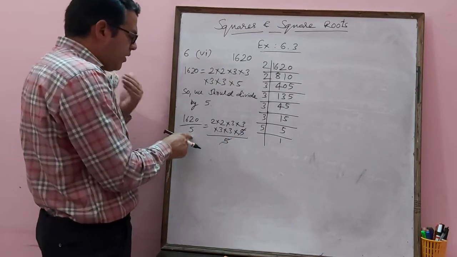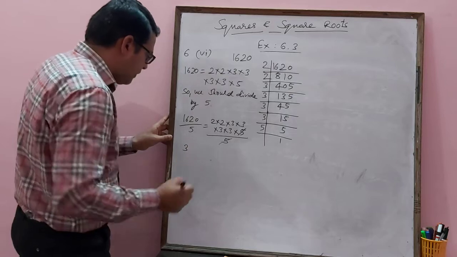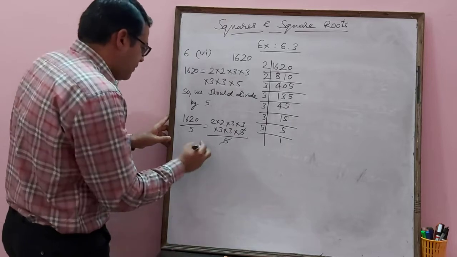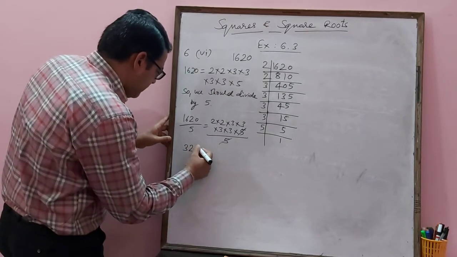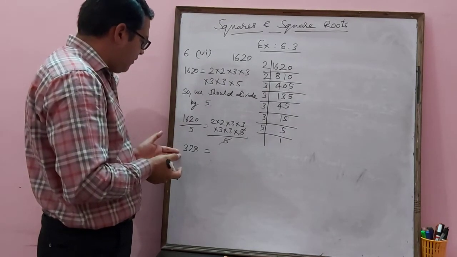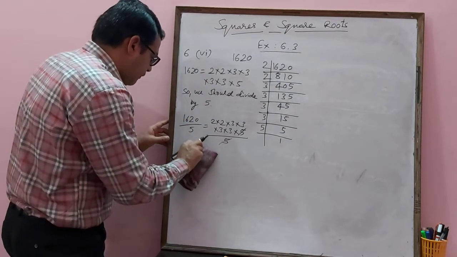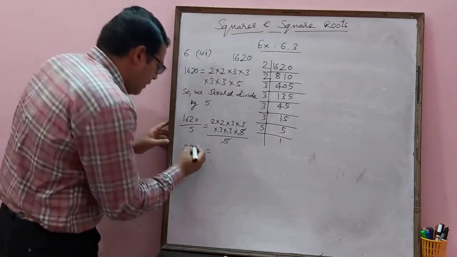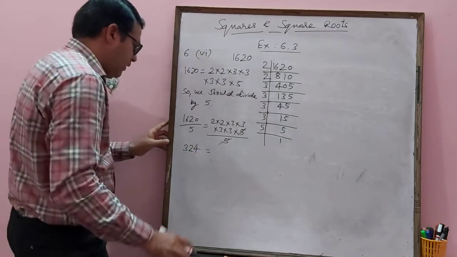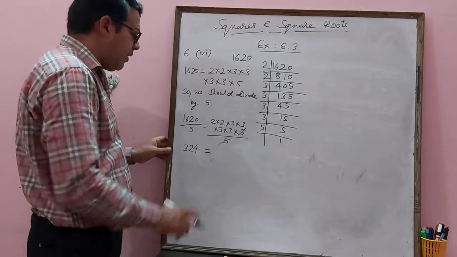And here, if we divide 1620 by 5, what do we have? 5 3s are 15, 1 is left, and 12, 5 2s are 10, 2 is left, so it's 20. Let me check again. 5 3s are 15, 1 is left, 12, 5 2s are 10, 2 is left, 20, and 5 4s are 20. So 324 we have.